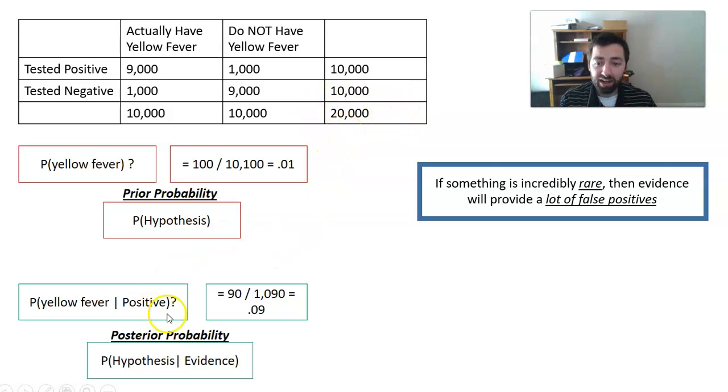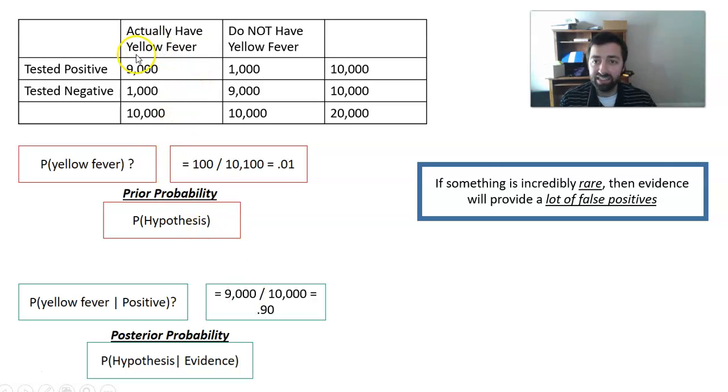And so now if I recalculate this posterior probability, what's it going to be? How many people tested positive? 10,000. How many of those positives were accurate? 9,000 of those 10,000. So now, if you test positive, there's a 90% chance that you actually have yellow fever.